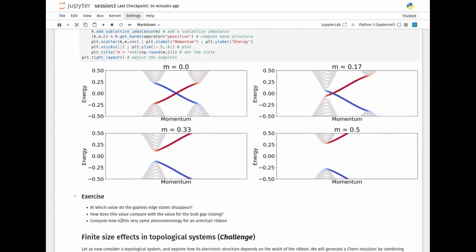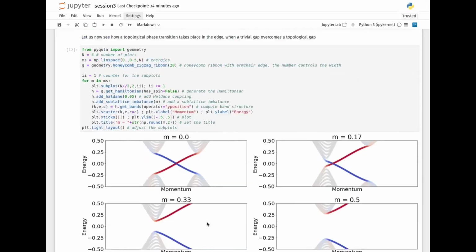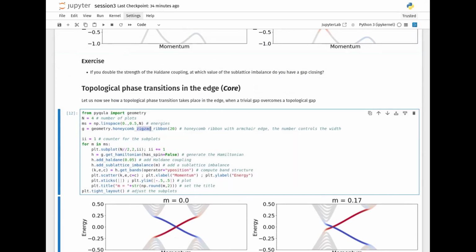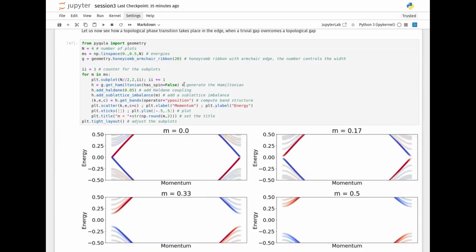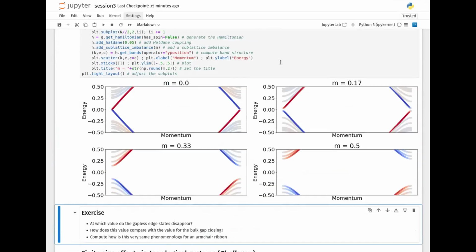And then the next question is to compute how this very same phenomenology is for an armchair ribbon. And so for this, we can just replace the zigzag ribbon by an armchair ribbon, right? And you will see that in the armchair ribbon, the situation is identical. So the edge states are going to be located in a different part of the Brillouin zone. That's okay. That does not make a big difference.